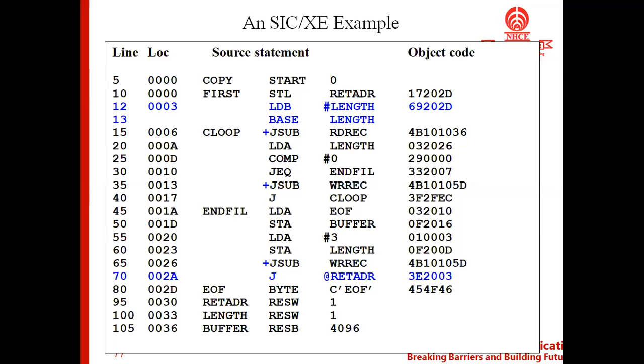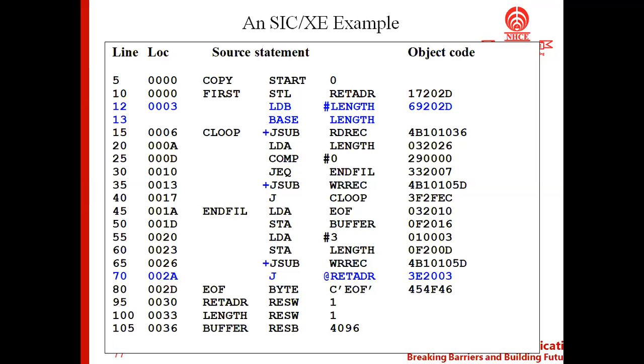So 0006 is the target address, since the symbol is C loop and it is defined in location 0006. We are referring to the instruction at line number 40. What is the address of the next instruction? It is 001A, which is in line number 45. So obviously the PC value is 001A. So you know that the TA is 0006 and the PC value is 001A.